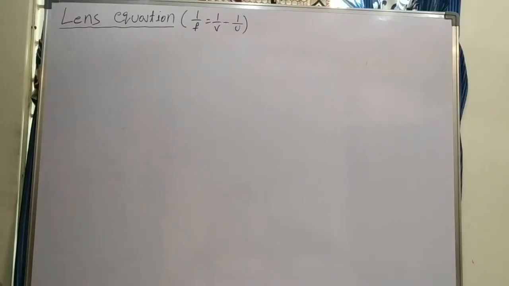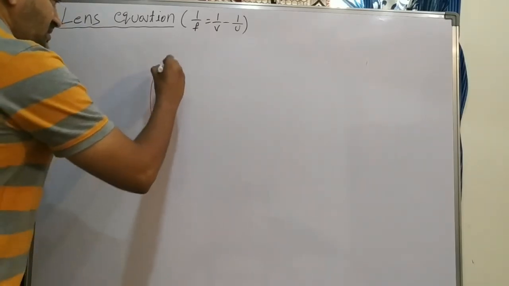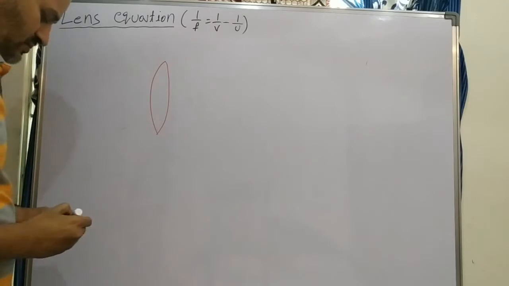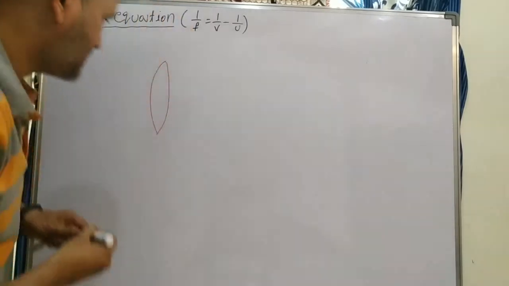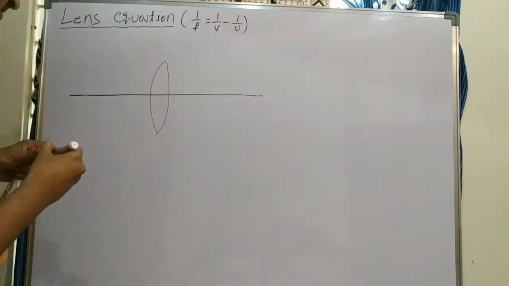Now see the lens equation, that is 1 by f equal to 1 by v minus 1 by u. That we can also call the lens formula. Assume a lens, I assume here convex lens, and this is the principal axis.